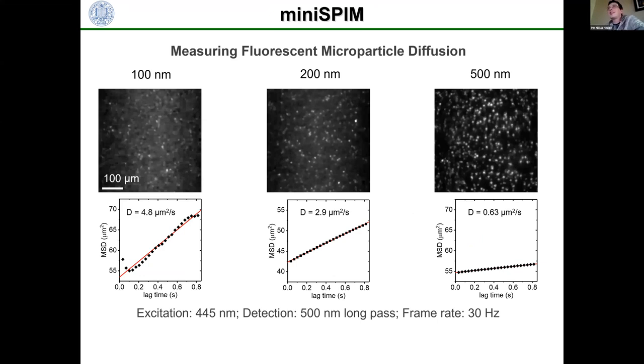Well, we can again measure the diffusion, for example, here with yellow-green fluorescent microparticles of 100, 200, and 500 nanometer, and we applied the image mean square displacement method to the image data. And as you can see, we can get the diffusion coefficients of those microparticles in water, as we would expect.